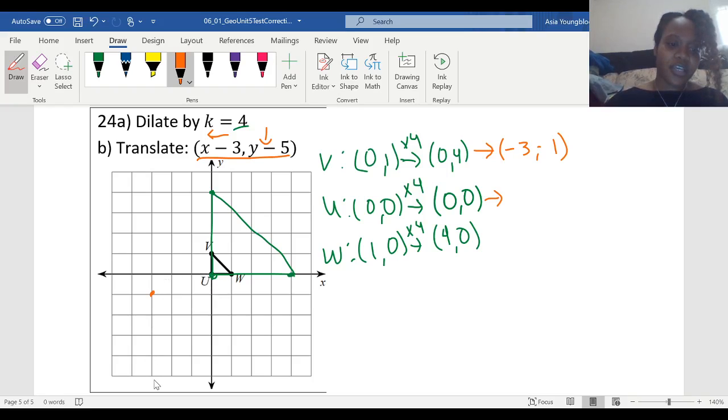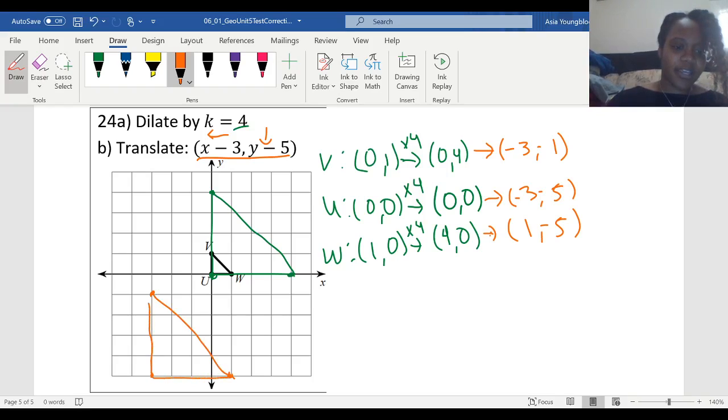Left 3, down 5 gets us -3, -5. W is 4, 0. Left 3, down 5 gets us 1, -5. So this is our final figure after it has been dilated and translated.